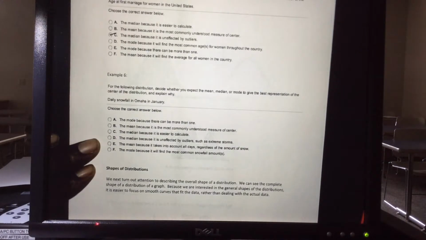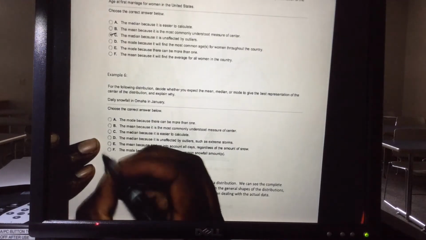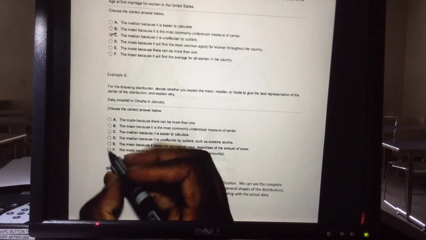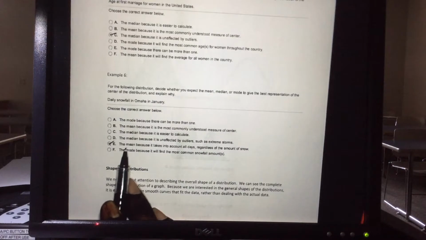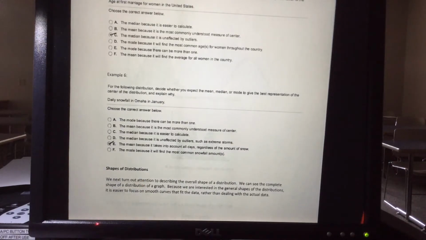I think we would expect for them to give us the mean, okay, because we're accounting for all the days regardless of the amount of snow. Okay, so we would expect for them to give us a mean, which is going to be the average of all 31 days in January.